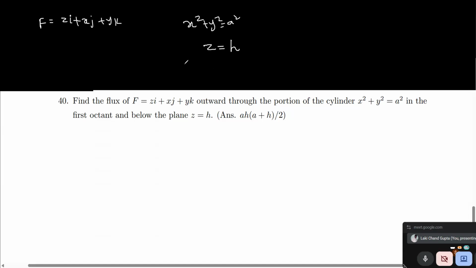Now I told you, whenever x square plus y square is given, use r square. Find the flux. Flux means what? This is flux, F dot n dS.